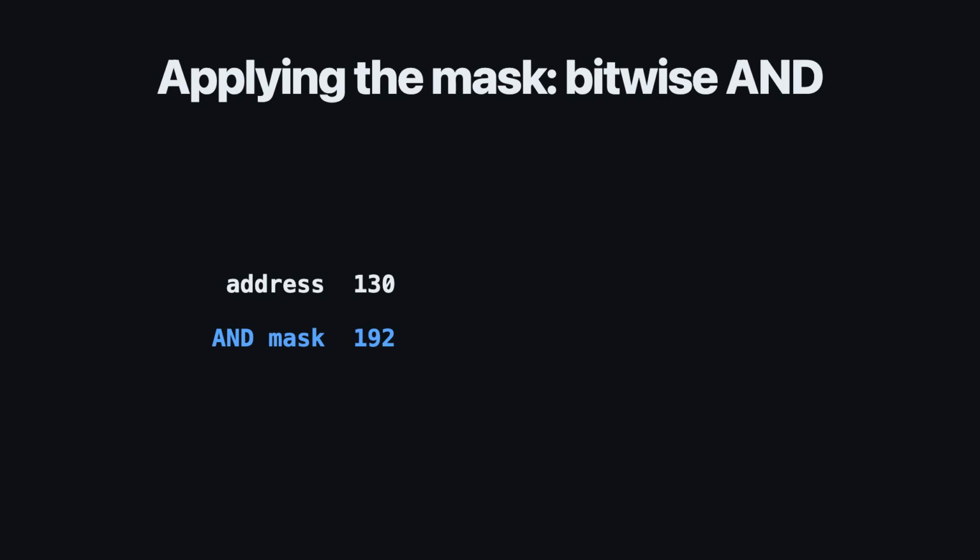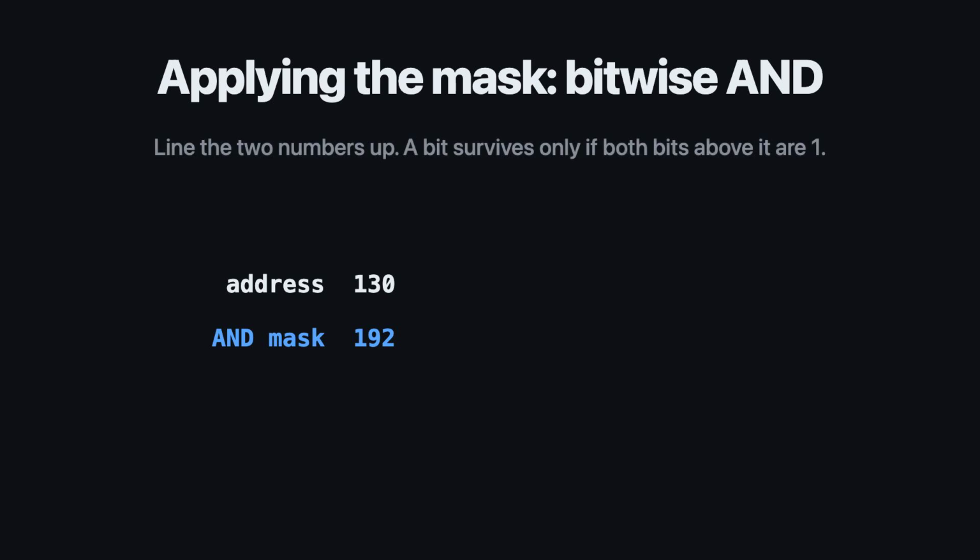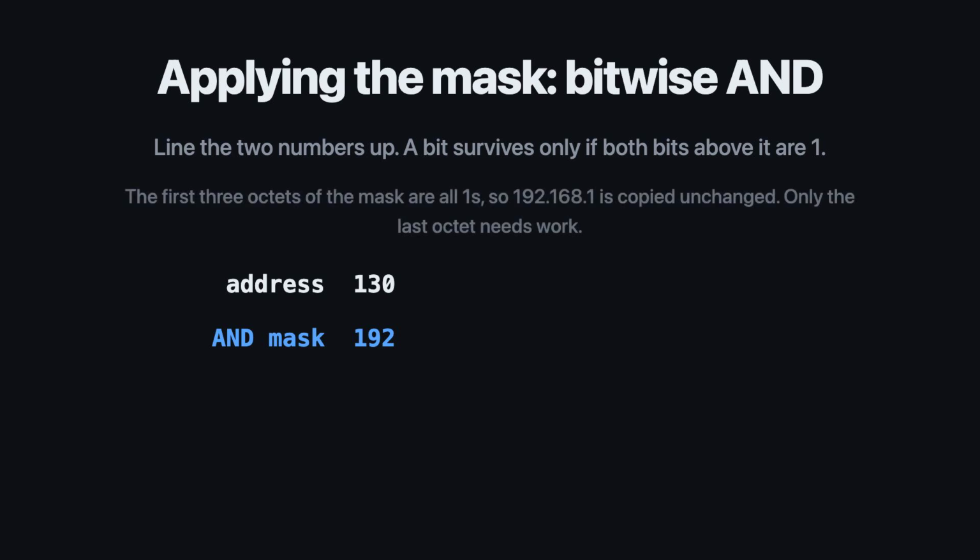To find which network an address belongs to, you apply the mask using an operation called bitwise AND. Line the 2 numbers up and work down column by column. A bit survives only if both bits above it are 1. Anything else becomes 0. The first 3 octets of our mask are all 1s, so 192.168.1 is copied straight through.